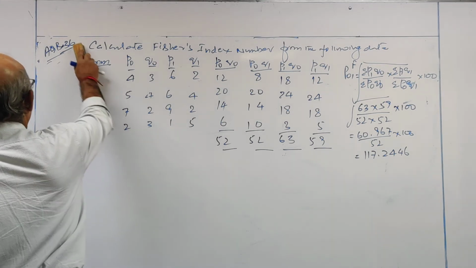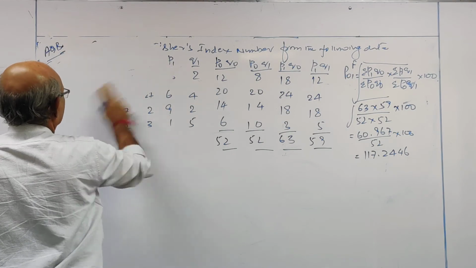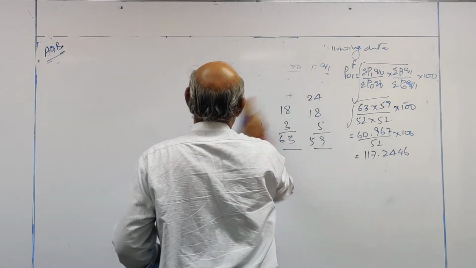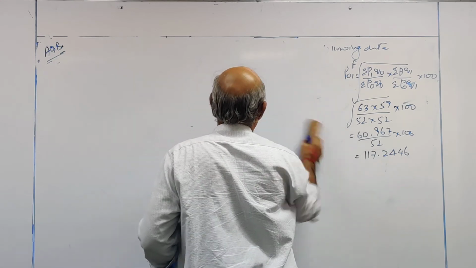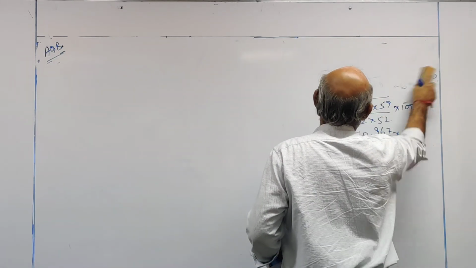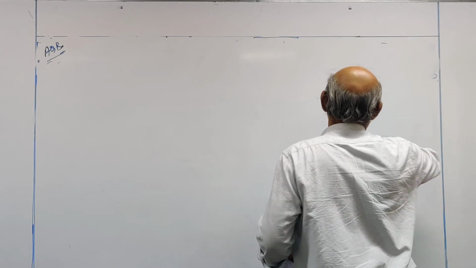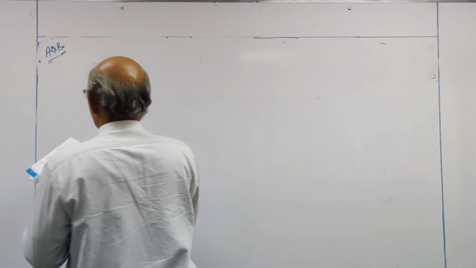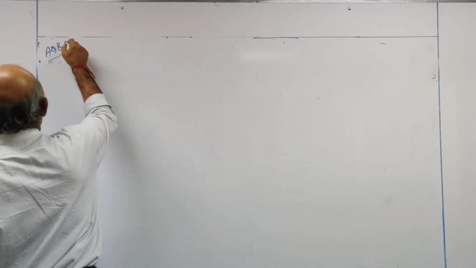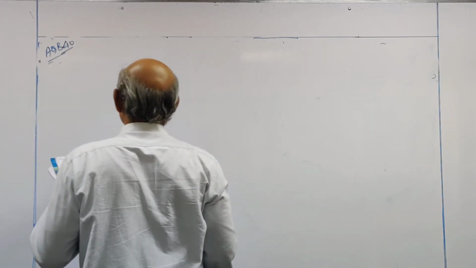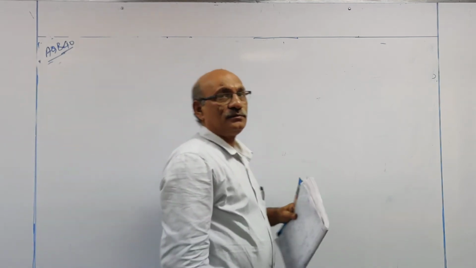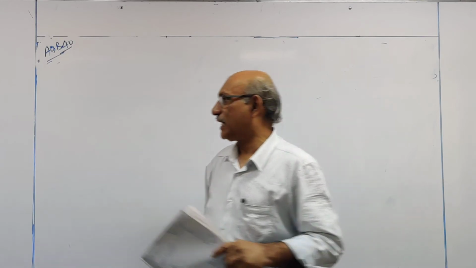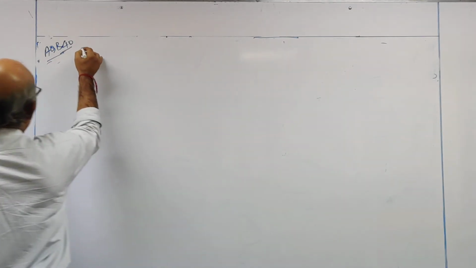Next question. Additional question bank, 40th problem. You have to calculate index number from the given data. That statement I am not writing. Look at this, this is group.